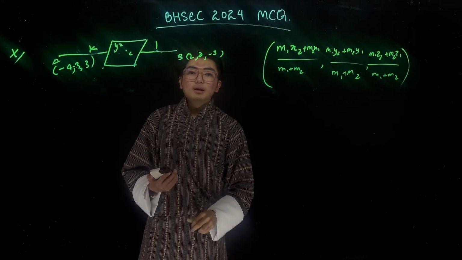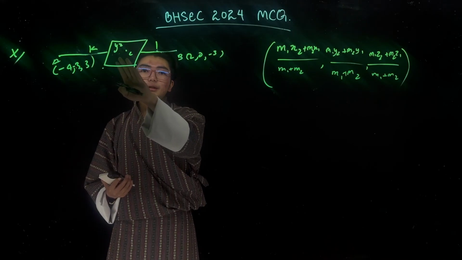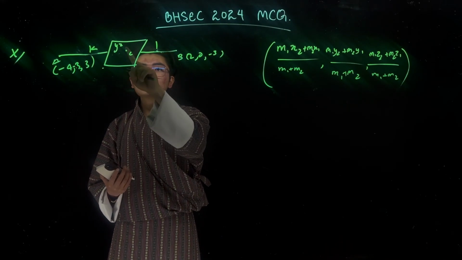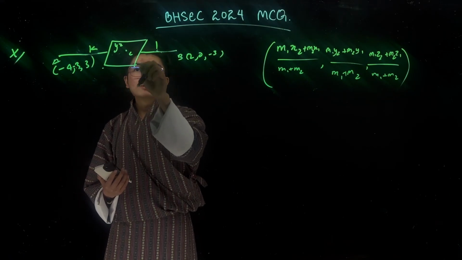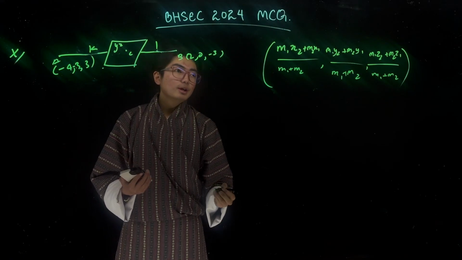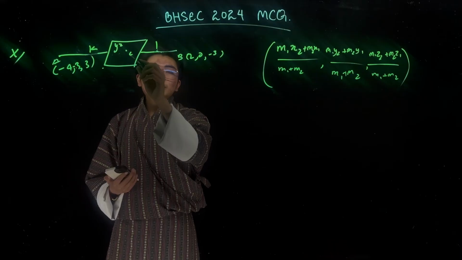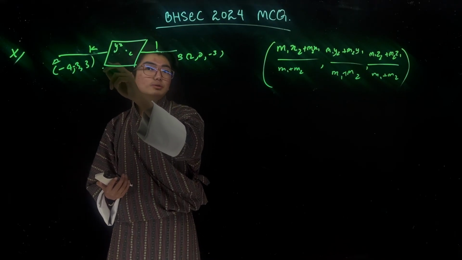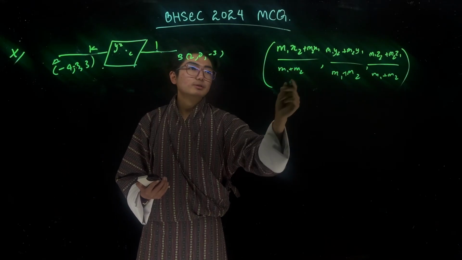Now we know that in a YZ plane, the x coordinate is always 0. And since the point C lies on the YZ plane, the x coordinate of C is 0. So since we know the coordinate of x, let's substitute k and 1 in this equation.